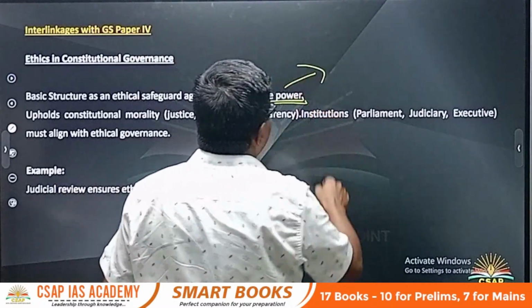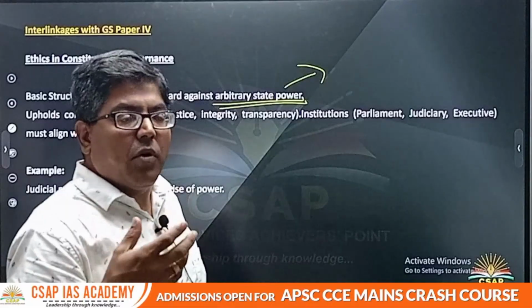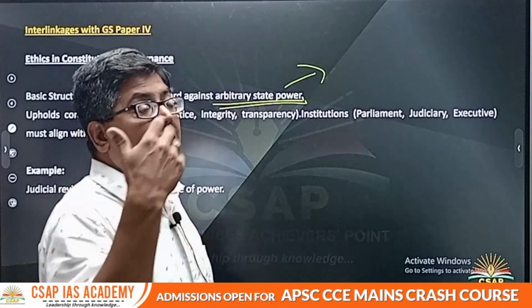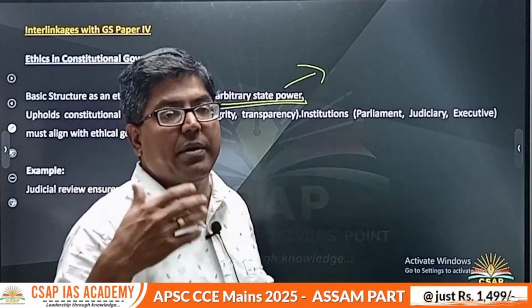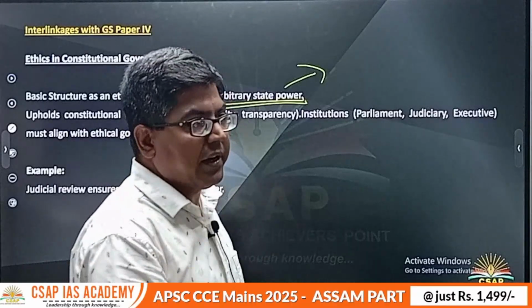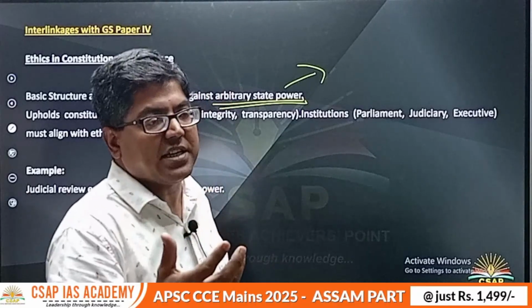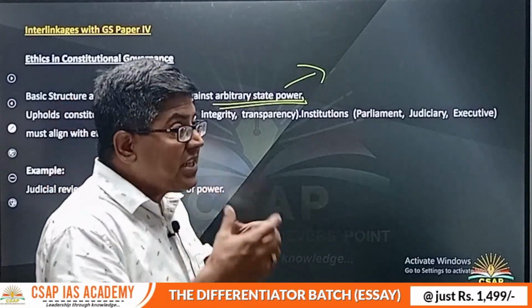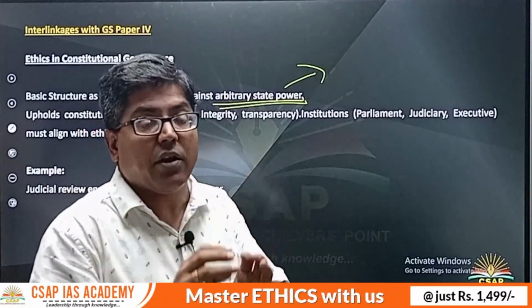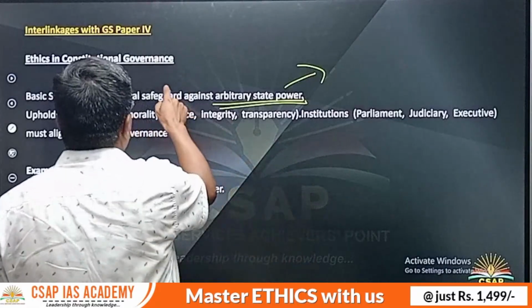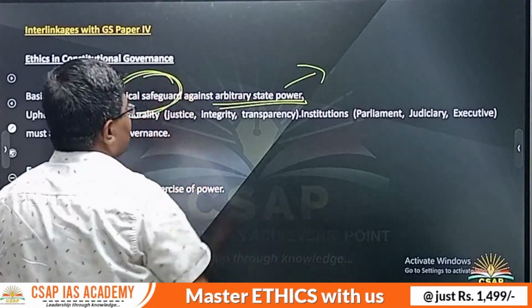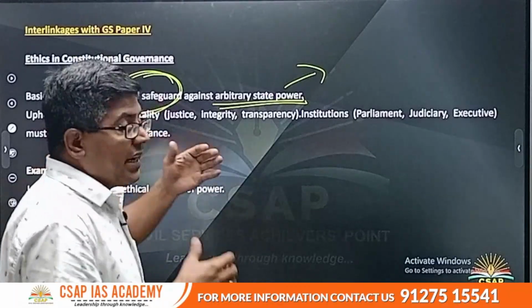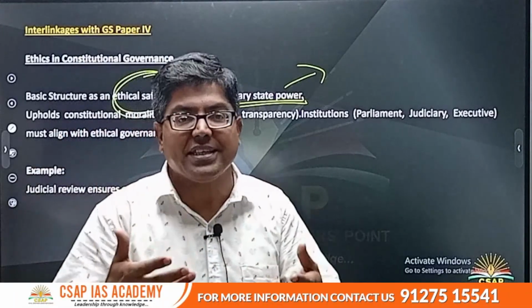As I told you earlier, Parliament can also act in an arbitrary manner whenever it has a brute majority. So who protects us in those circumstances is the basic structure, which in that context would work as an ethical safeguard.